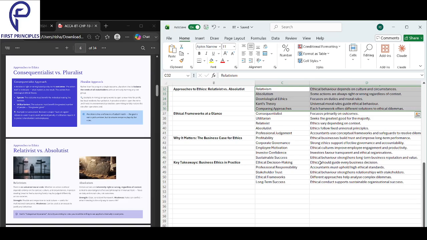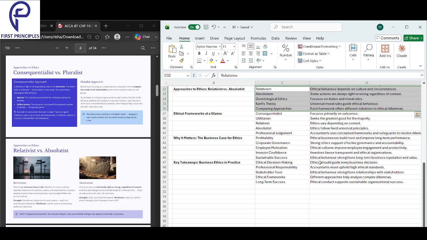Next is deontological ethics, which focuses on duties and moral values. Next is Kant's theory. Universal moral values guide ethical behavior. And finally, comparing approaches.